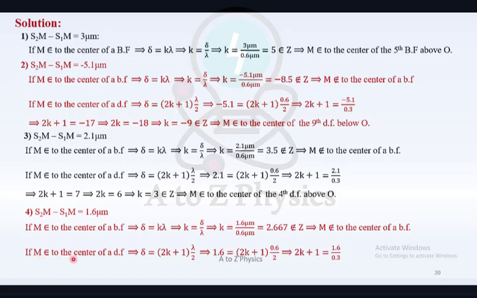If M belongs to the center of a dark fringe, then delta should be equal to (2k plus 1) lambda over 2. We find that k equal to 2.1667 doesn't belong to Z, so M doesn't belong to the center of a dark fringe. So in this case, M is neither on the center of a bright fringe nor on the center of a dark fringe.